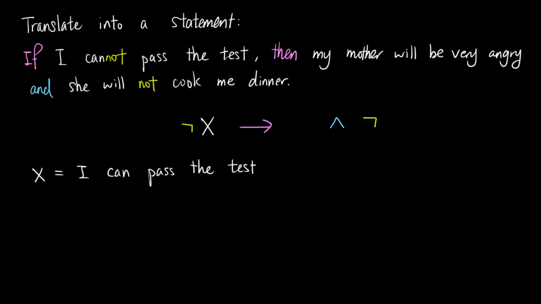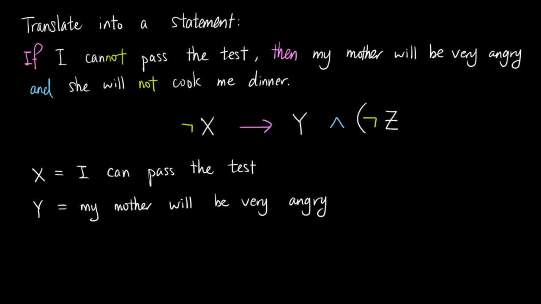So let Y be, my mother will be very angry, and put the Y there. Lastly, we have not something, where that something is, she will cook me dinner. So let's define Z to be that, and put it in place. So the whole statement is, if not X, then Y and not Z, where X, Y, and Z are defined as written.